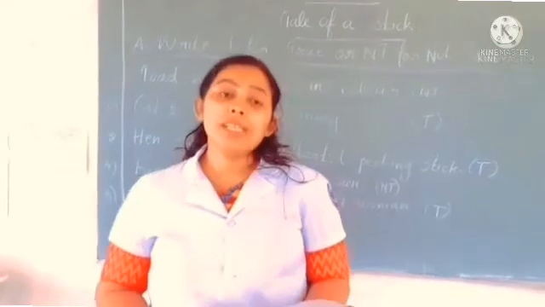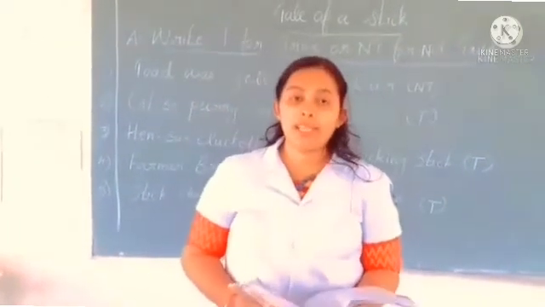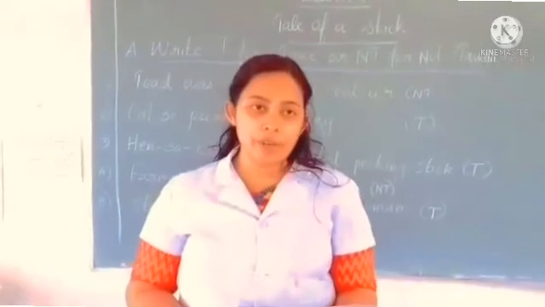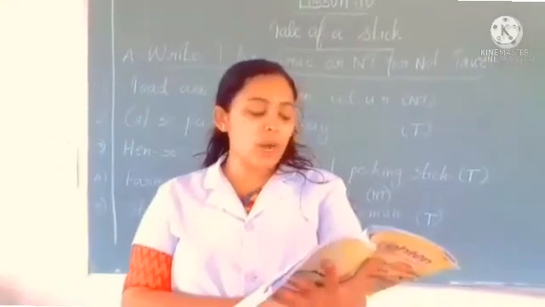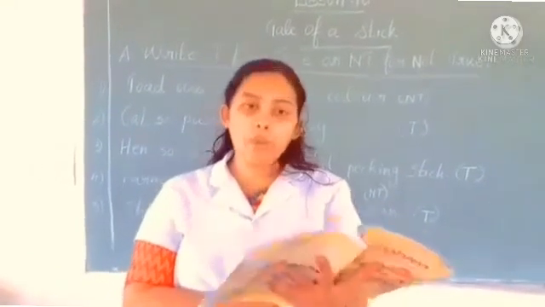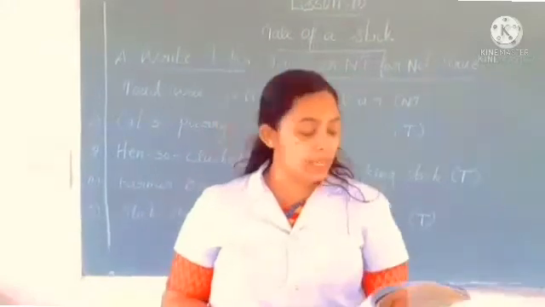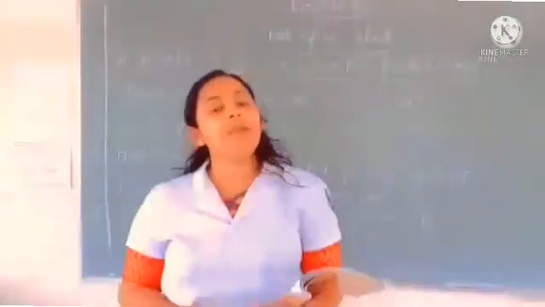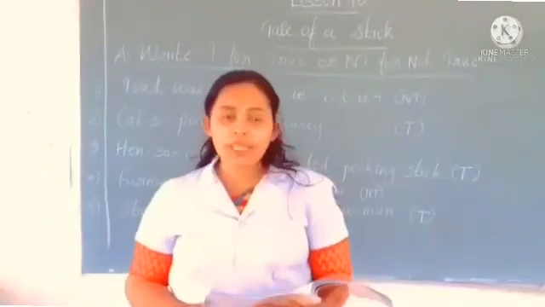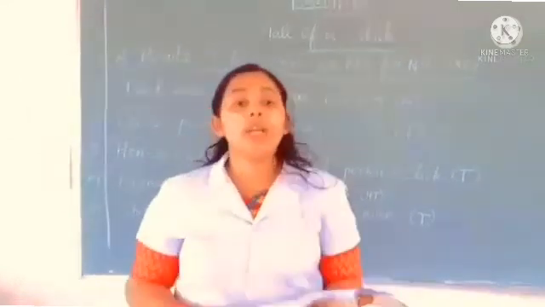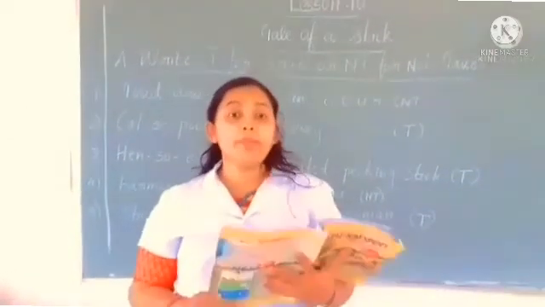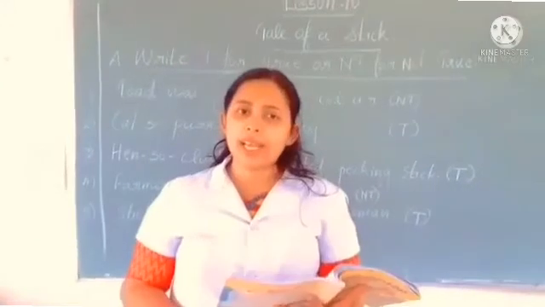So we have discussed the question answer. Now we can see the think and answer questions from page number 64. Do you think the old woman was happy? Why? Yes, she wore a grey color scarf and she became so happy. How did you understand?